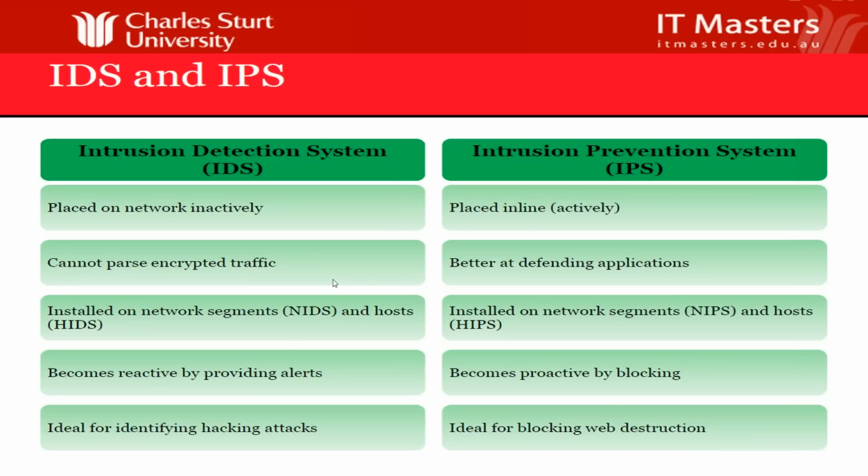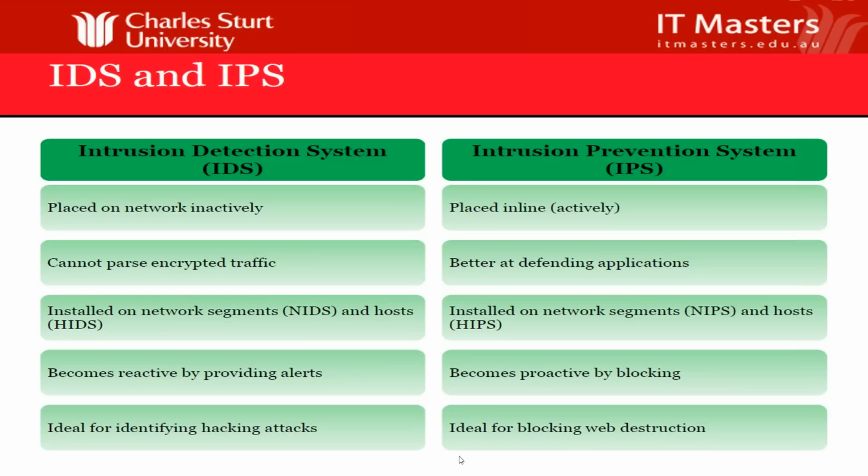IDS is placed on a network passively, whereas an IPS is inline and active. IDS cannot pass encrypted traffic, whereas IPS is better at defending applications. IDS is installed on the network segment as a NIDS or on hosts as a HIDS. It is the same with IPSs.